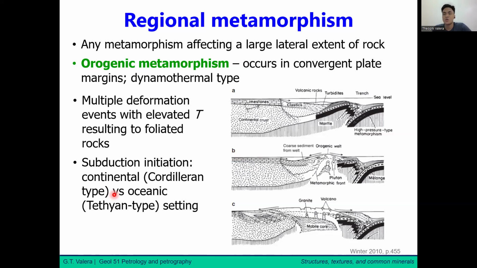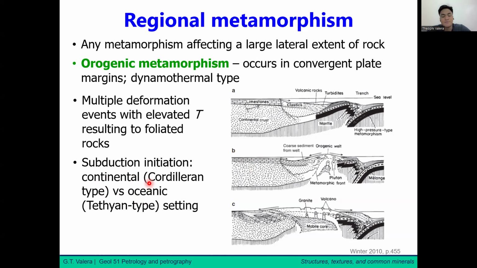On the east side, the counterparts of the Pacific, east of Pacific, subducting beneath North America and South American plate, but it's the same process. You have oceanic material or oceanic lithosphere subducting beneath continental lithosphere. So that's Cordilleran type. When you have oceanic against oceanic, that's a Tethyan type, right?